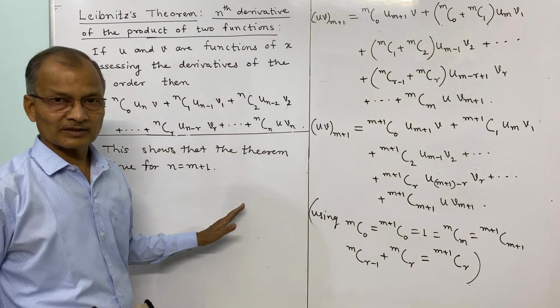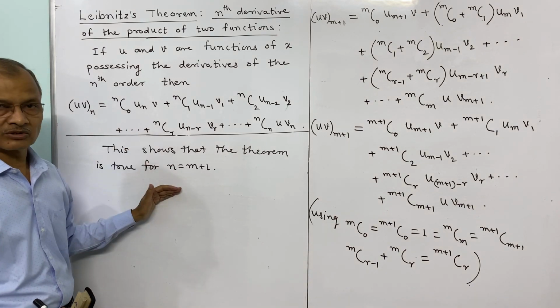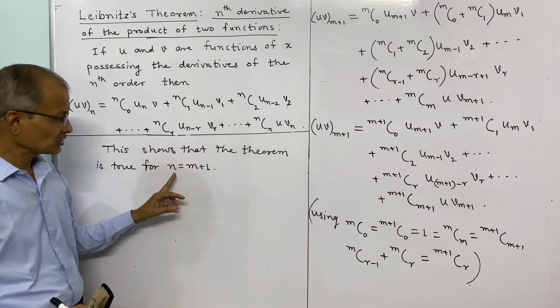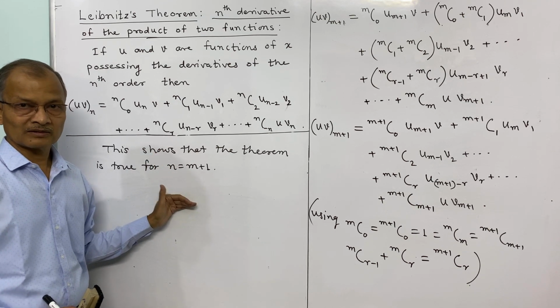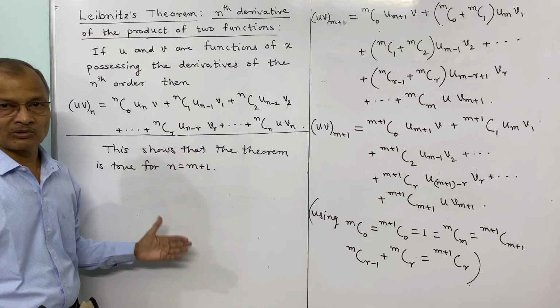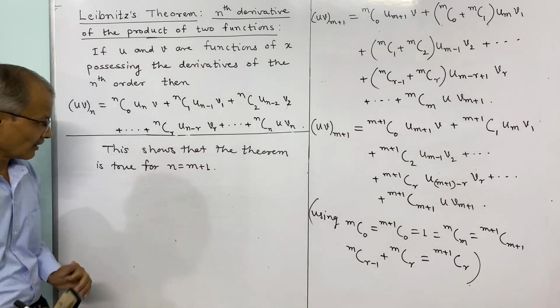Thus in the second step of the method of induction, we have assumed the theorem is true for n equal to m, and we have proved the same theorem remains true for n equal to m plus 1, and that is the second step in the induction. And thus the theorem will be true for every positive integer value of m.